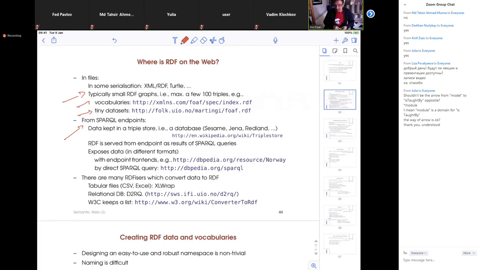Libraries provide information about their books in RDF format, and so on. There is a version of Wikipedia in the RDF format. If you go there, you or your computer agent will have access to Wikipedia, DBpedia, and you can query this in SPARQL, for example RDF triples about Norway, and so on.